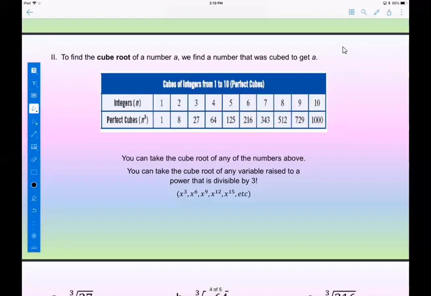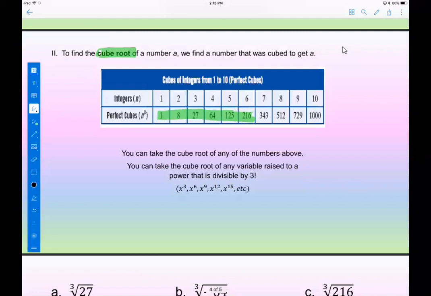All right, perfect cubes or cube roots is taking the numbers now and cubing them. I would recommend that you learn the first 5, maybe even the first 6. The rest of these we very rarely encounter in intermediate. But you can also take the cube root of any of the numbers.